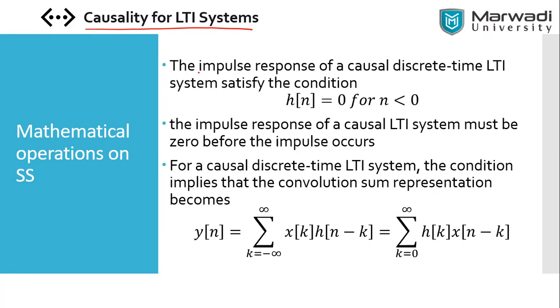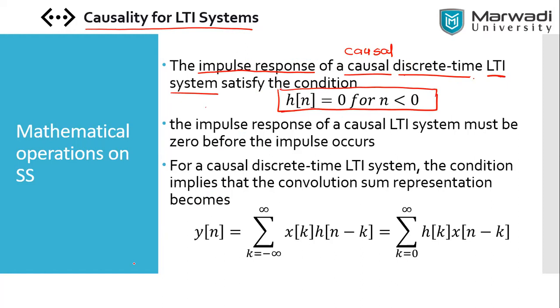So the impulse response of a causal discrete time LTI system satisfies this condition, that h of n is equal to 0 for n less than 0.